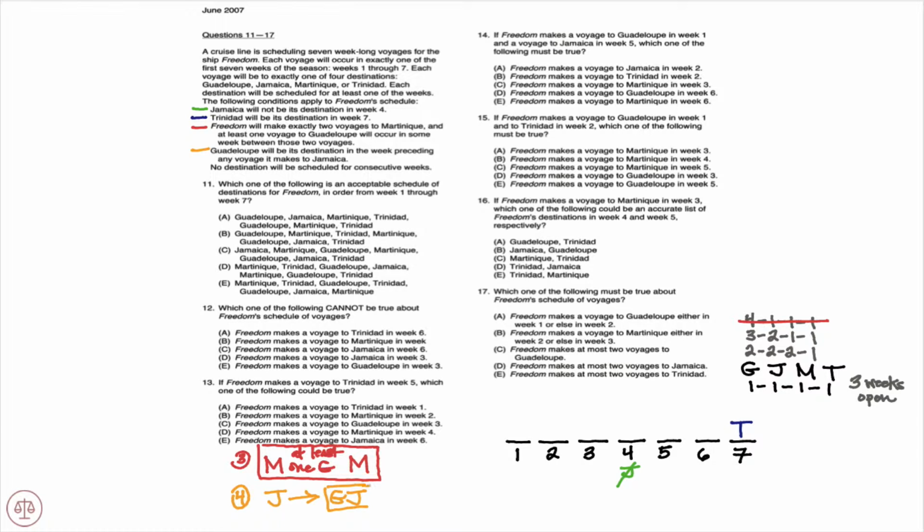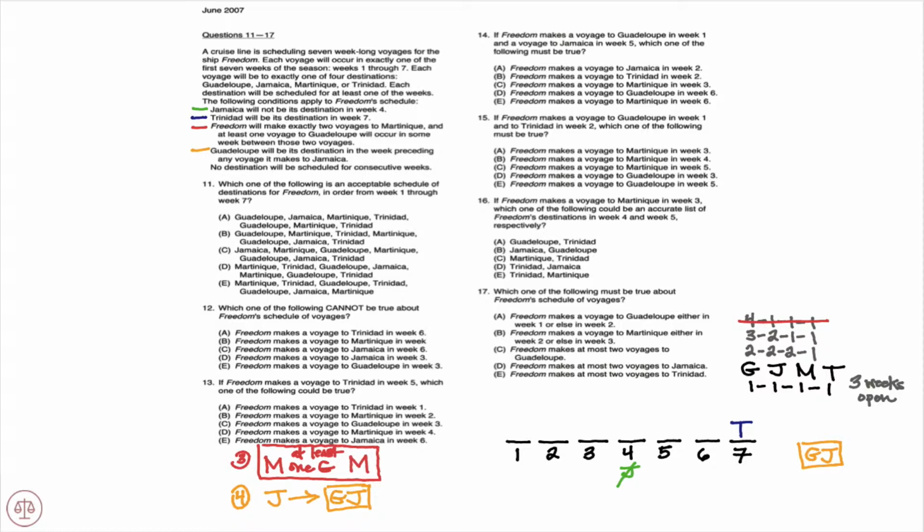And we know for sure there's going to be at least 1 trip to Jamaica. Therefore, we know for sure we are going to have to place this GJ box at least once in our schedule, possibly twice.